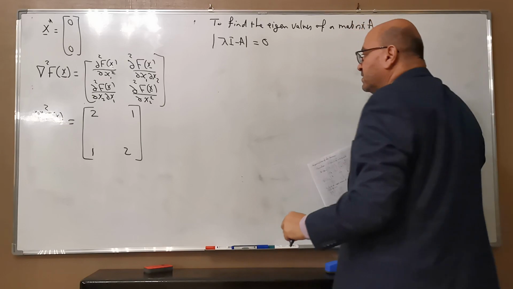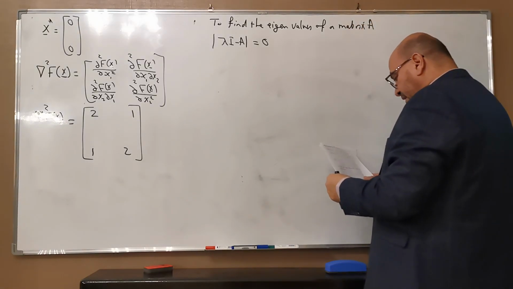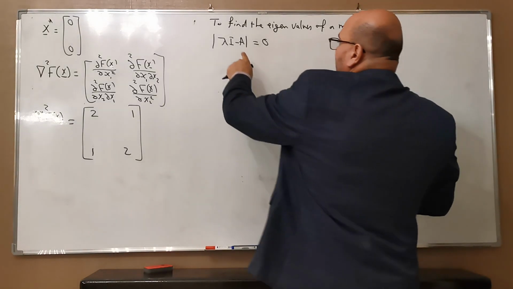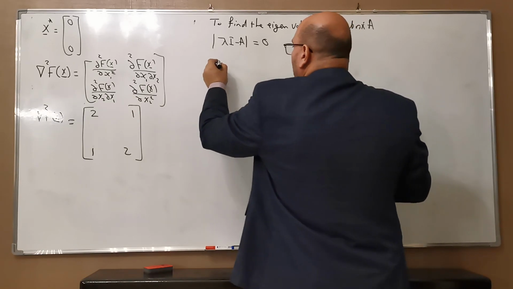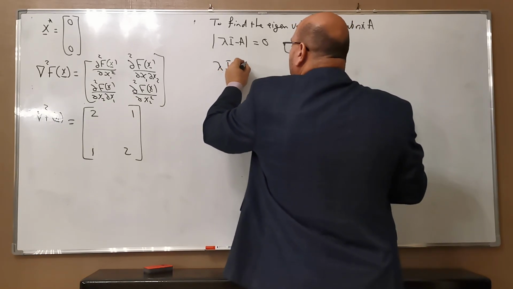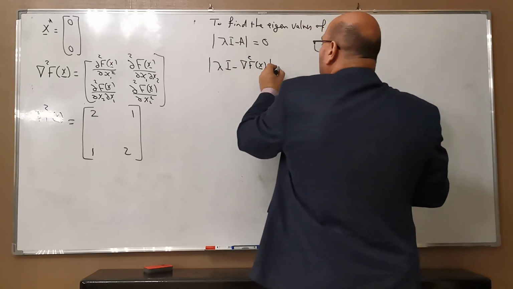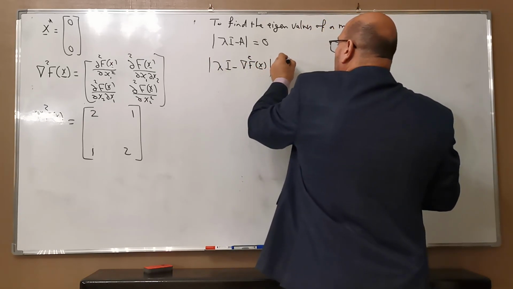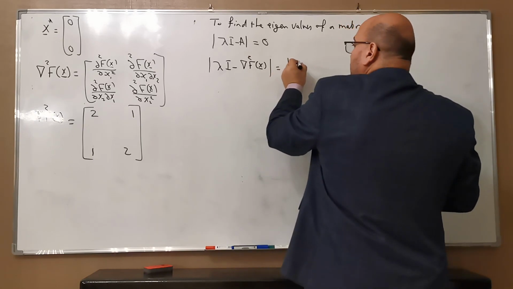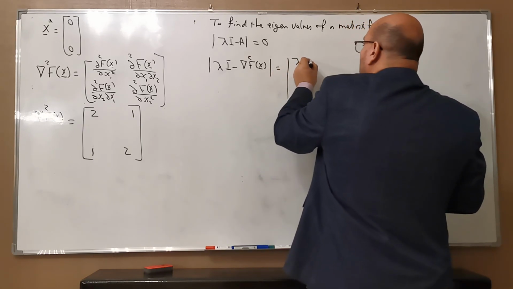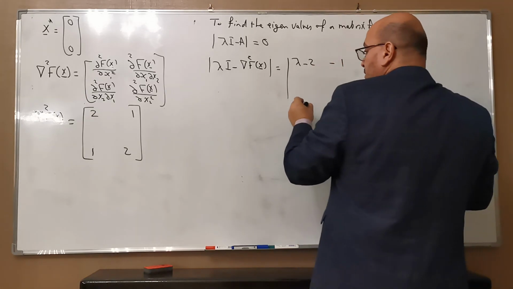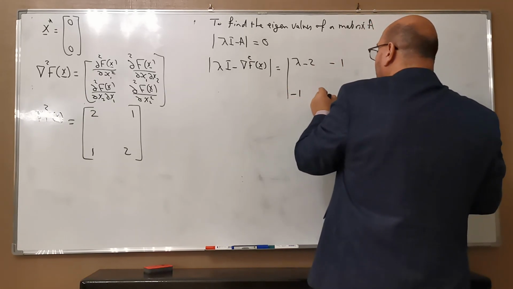Those brackets here are the determinant of the matrix. So lambda I minus the Hessian of f of x is the determinant of lambda minus 2, minus 1, minus 1, and lambda minus 2.